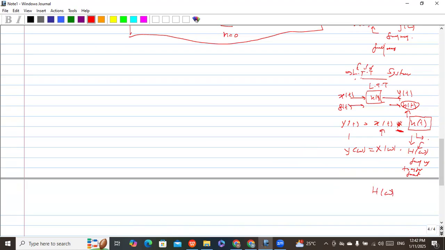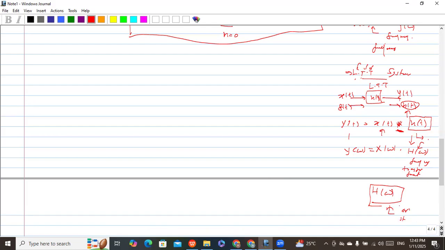Actually, when we are doing a filter design, definitely we need this frequency transfer function. Based on this frequency transfer function, we calculate the order of the filter and also the stop frequency, the cutoff frequency, and the pass band.